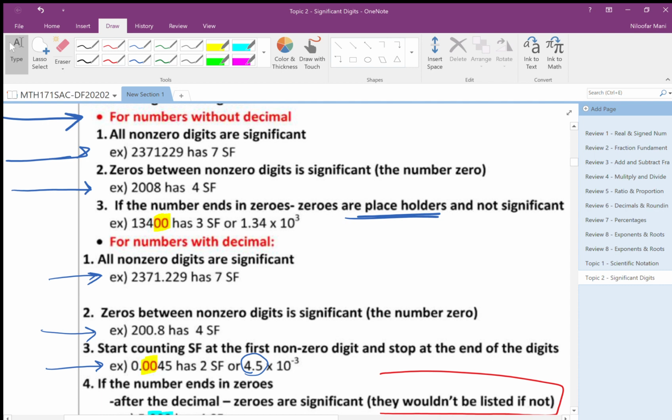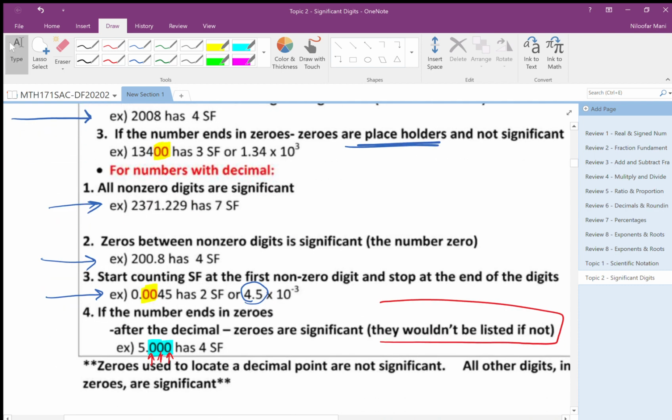If you have a decimal, again you start from the first non-zero digit, which means you have to pass all the zeros, and start from the first non-zero digit, but you have to count until the end. If you have zero after the decimal, you have to count them, because if they are not important, you don't mention them.